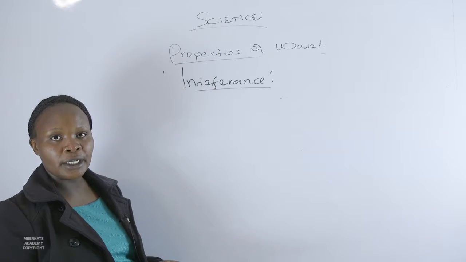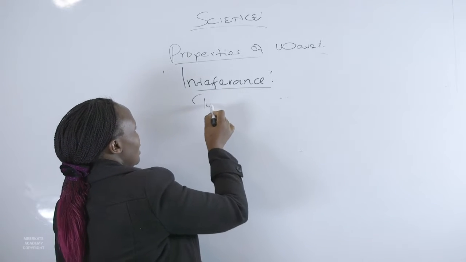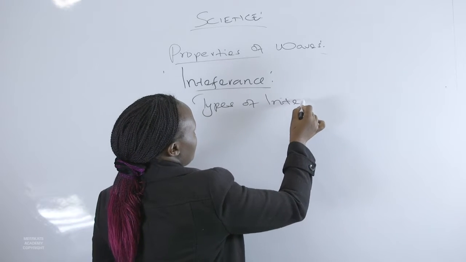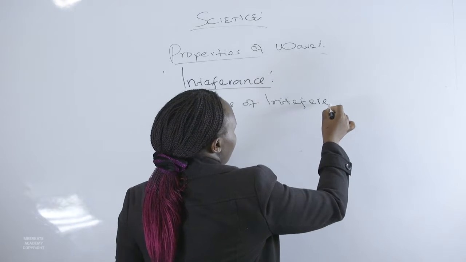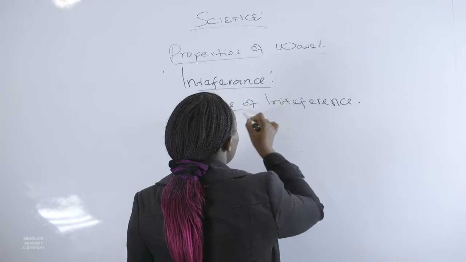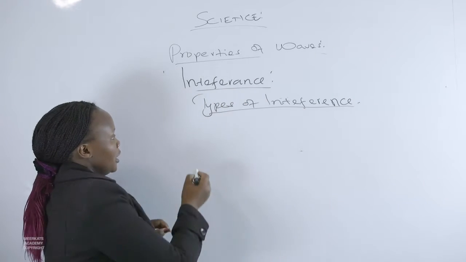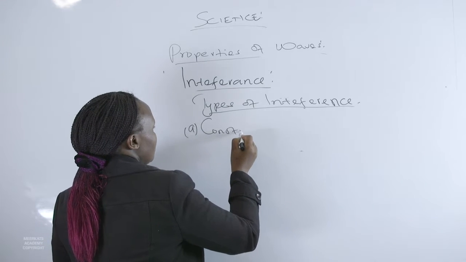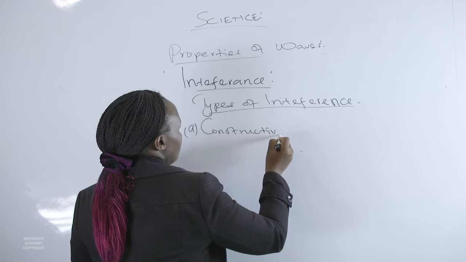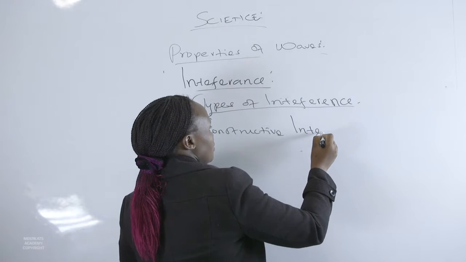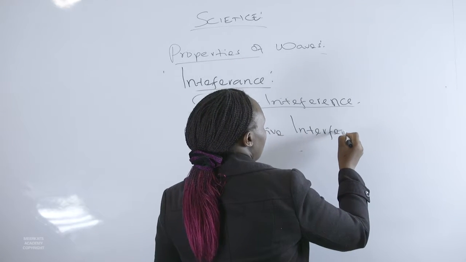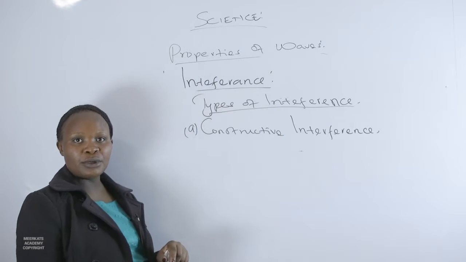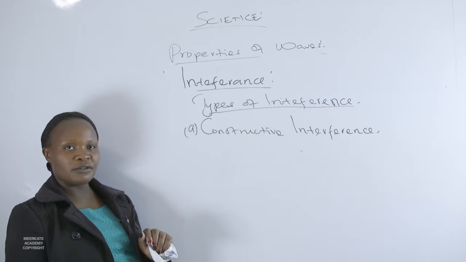Now, by so doing, we come to the types of interference. And A, we have what we call constructive interference. And when do we have constructive interference?